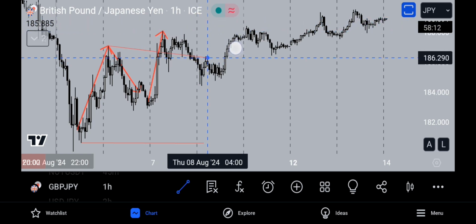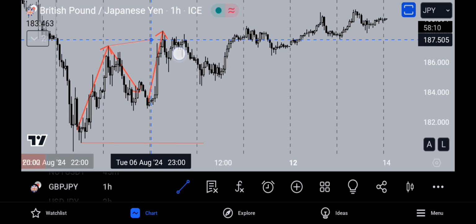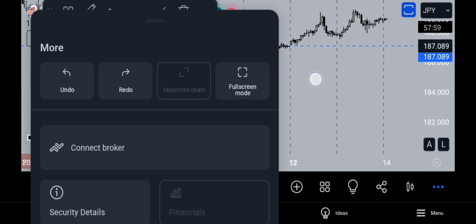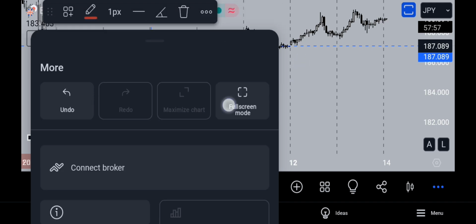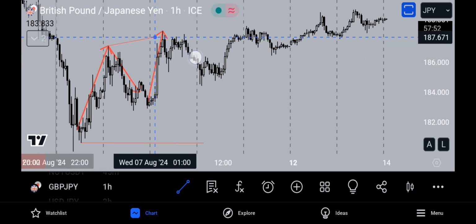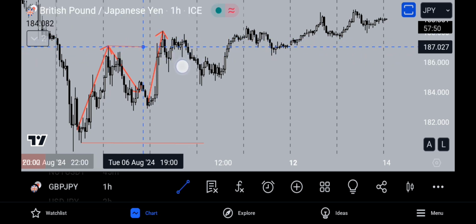Sorry, my magnet tool is on. So we're attacking a swing high over here. So can you see that? So sorry, this is the swing high I was referring to. We're attacking the swing high.